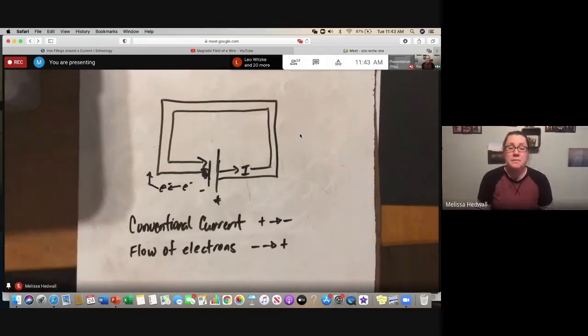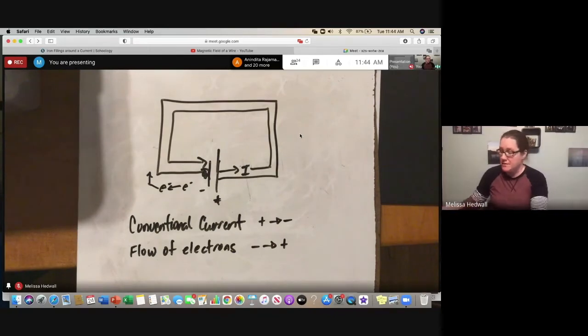If we could turn back time and go back to that scientific community and say, time out, can you just switch it now? It'll make it easier for everybody moving forward. That'd be amazing. We can't, so we're just going to stick with this. And I get it, nobody wants to be the one to say it's time to change. So for conventional current, we draw it and keep the idea as positive to negative, even though we know the flow of electrons is opposite that.